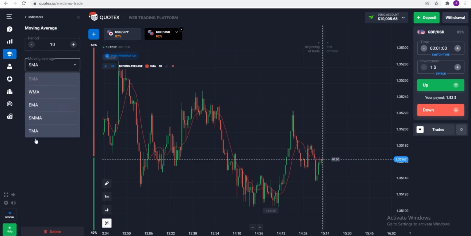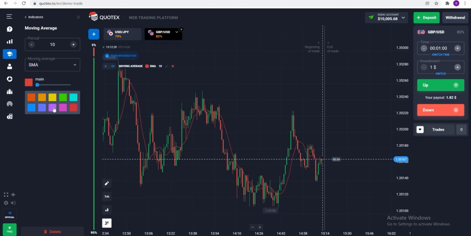As you can see, there are 5 different types here, but depending on the broker, you may see fewer or slightly different options. But the 2 types I mentioned are the most commonly used, and we want to focus on them and get more familiar with them. The first one is SMA, simple moving average, and the second one is EMA. Let's stick with the SMA for now, and I'll explain everything about it, as well as what EMA is, and the exact differences between them, and why EMA was created in the first place.